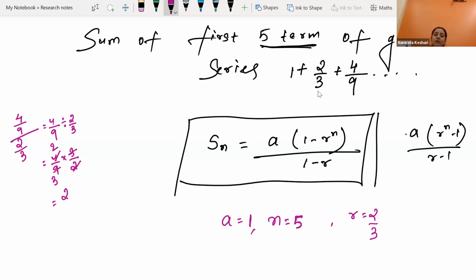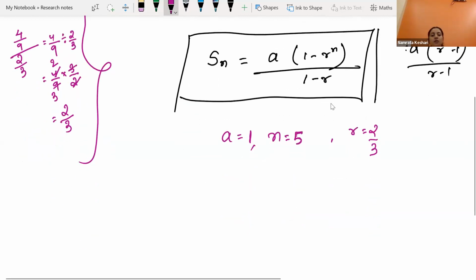Still we are getting 2 by 3, right? 2 by 3 is the common ratio. Please don't get confused. 2 by 3 is the common ratio.